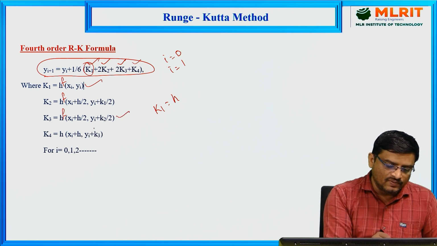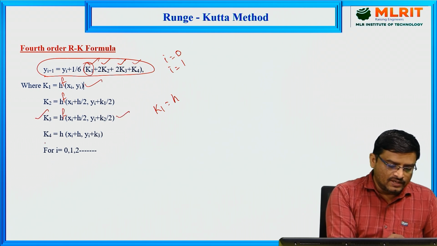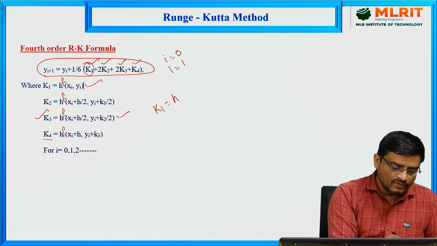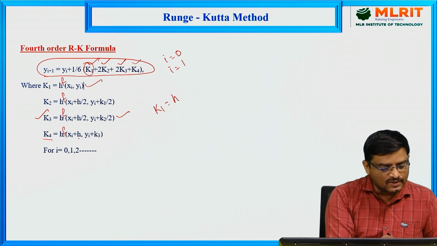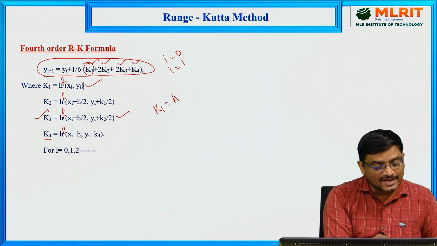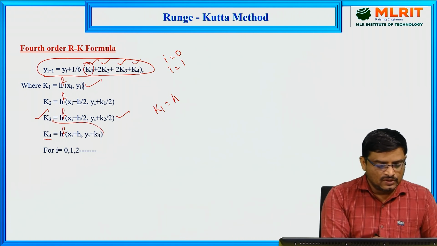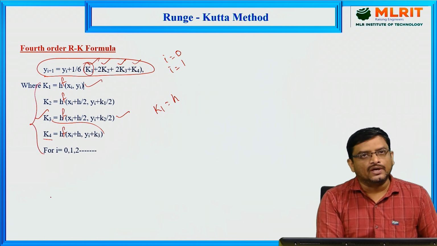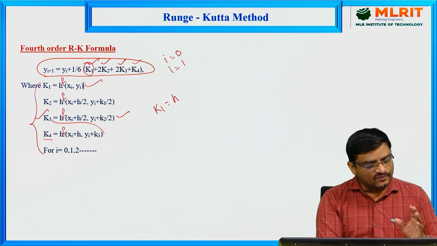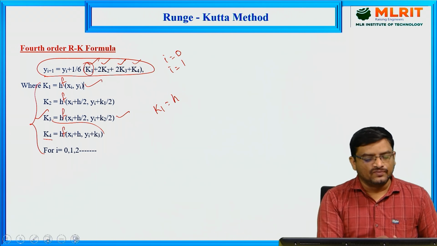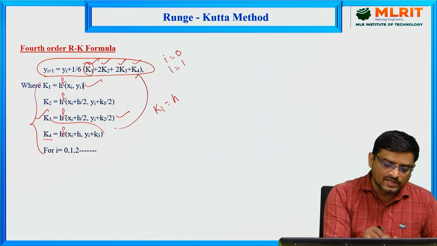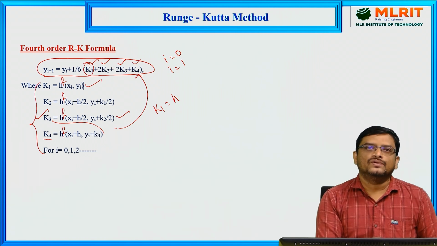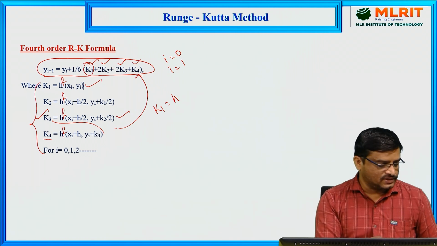Similarly, to find the k4 value, h into f of x suffix i plus h comma y suffix i plus k3. These are the standard formulas we will use to find k1, k2, k3, k4. After finding them, if you substitute these values in the standard formula, we can get our required y values at a particular value of x.